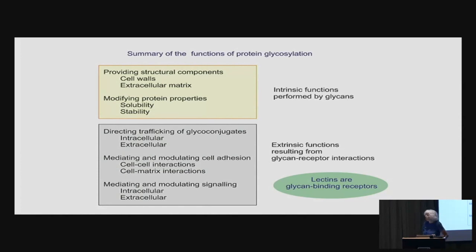They can make them more soluble and they can stabilize them. But many functions of the glycans are actually not to do with the proteins that they're attached to. The glycans are actually encoding information which has to be recognized by other proteins. And so glycan binding proteins or lectins are the receptors which recognize glycans and decode that information.